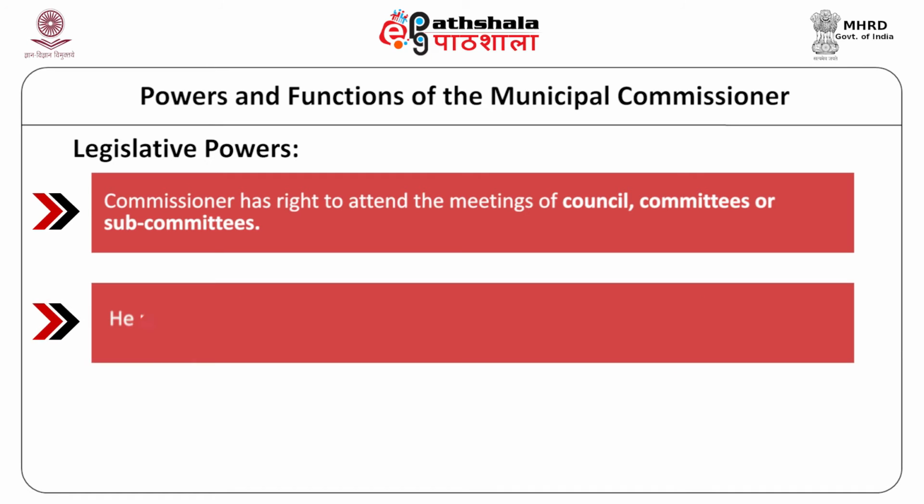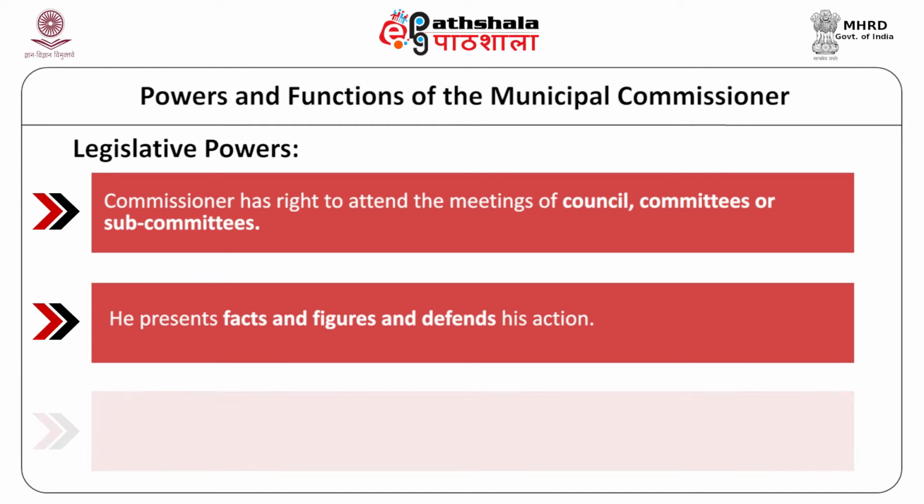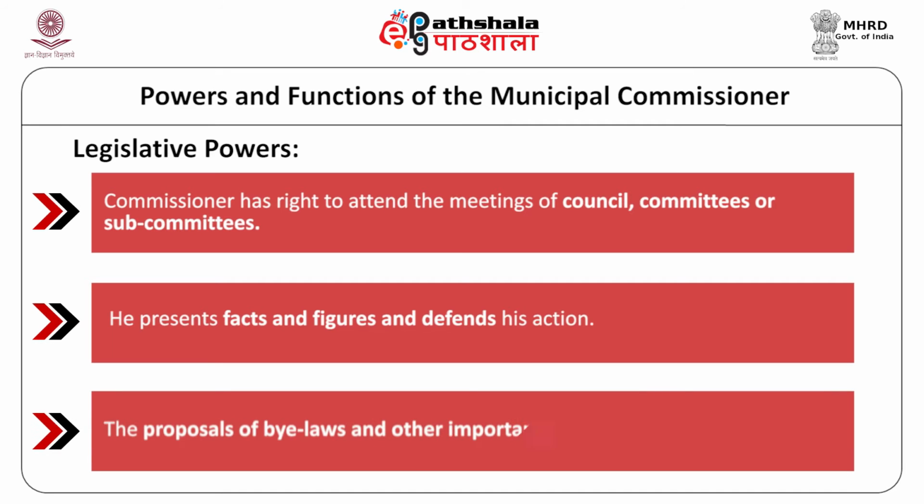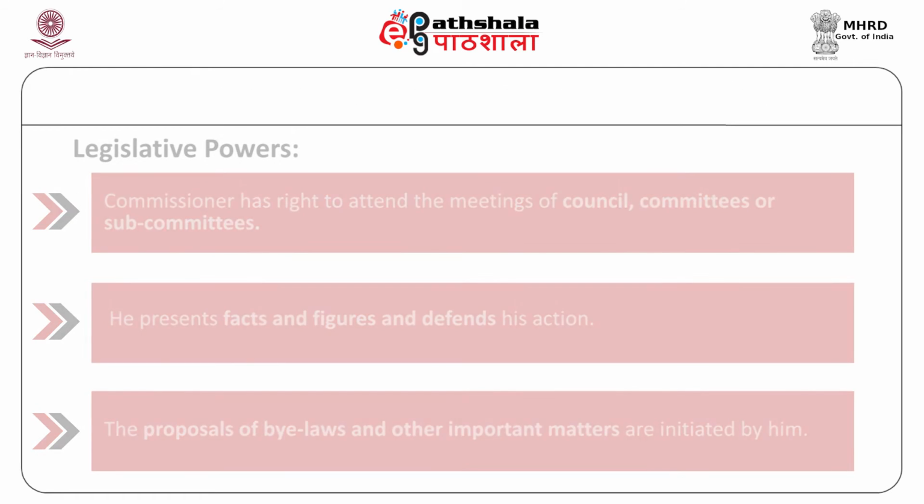He provides the facts and the figures as required by the members of the committee or the corporation's council. He is the one who gives proposals, initiates bylaws and other important matters in the corporation's meeting.